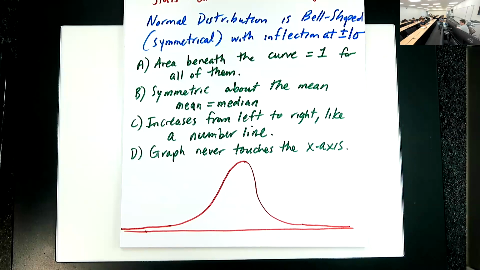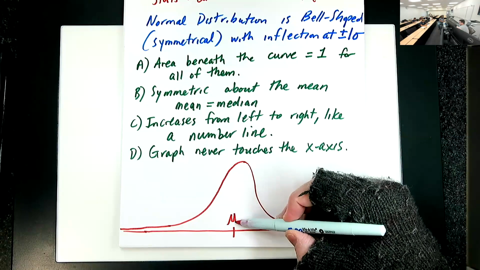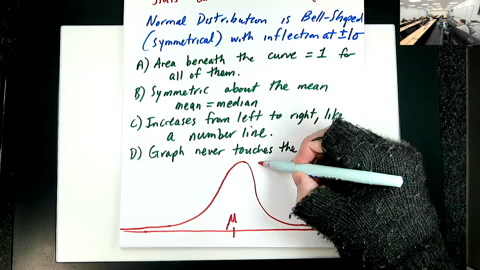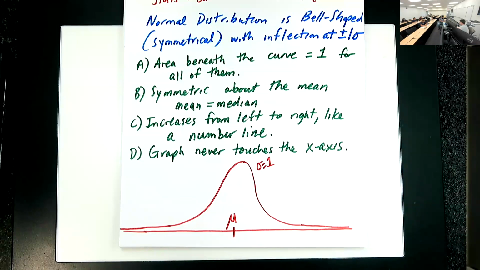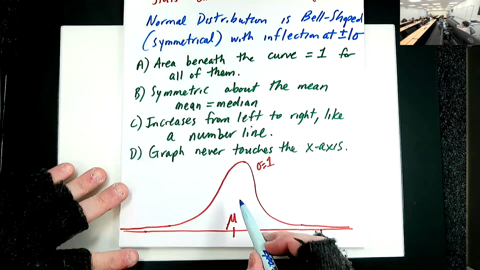That should be like a vertical hump. But our mean is right here in the middle. And let's say this is with one standard deviation. We might have another graph with a different standard deviation.